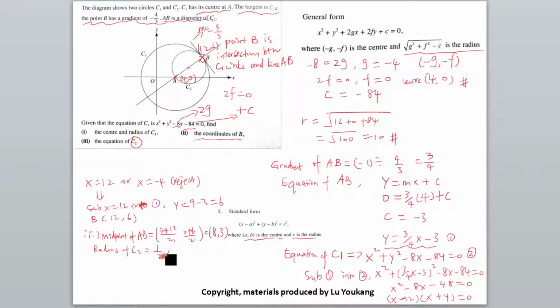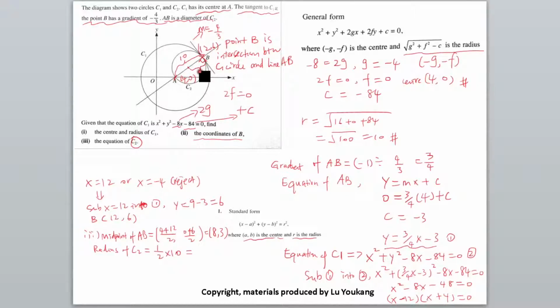And that's the radius of this circle C2. So therefore the radius of C2 equals half times 10. 10 is the radius of the circle C1, which is also the length of AB. Therefore half times 10, we get 5.